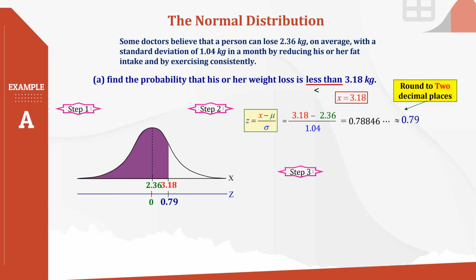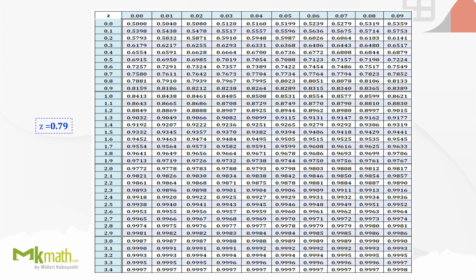Let's look up the z-table using 0.79 to find the left cumulative area of the z-score. First, locate the first 2 digits of the z-score as 0.7, and then locate the second decimal place of 9 from the top row.